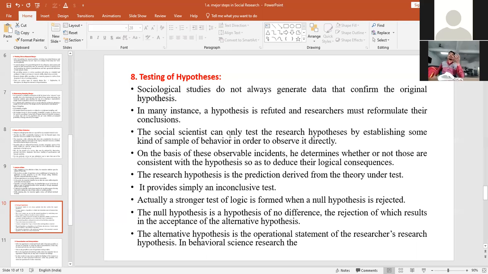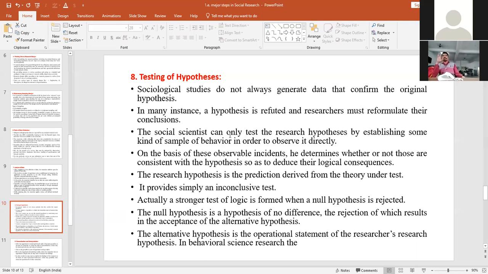So the hypothesis can be tested by the t-test. By applying the SPSS with the formula of the t-test, the hypothesis may be tested by the researcher.